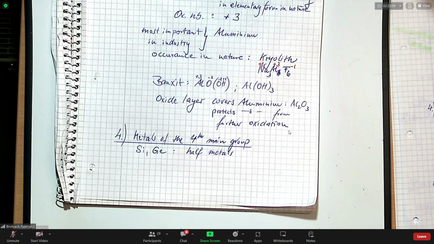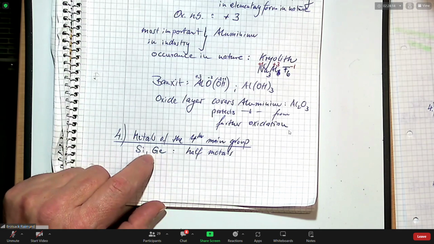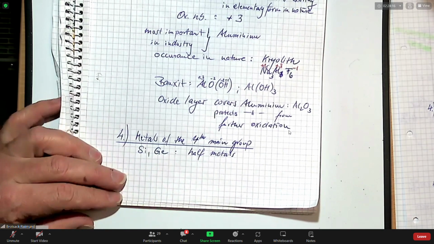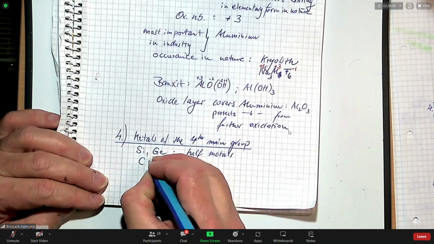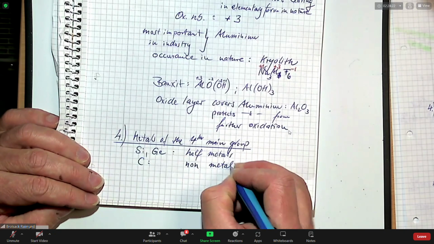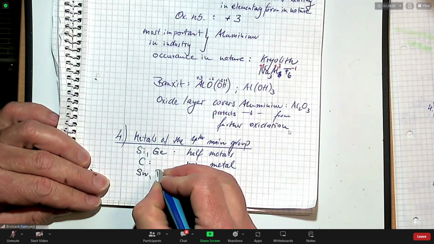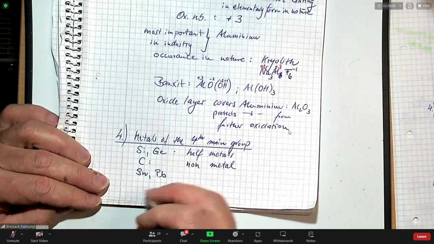Silicon is needed for the production of PV systems, photovoltaics. We will talk about that in renewable energies technologies. And germanium is even a half metal. Carbon is a non-metal. So the only metals in this group are tin and lead. Typical metals.